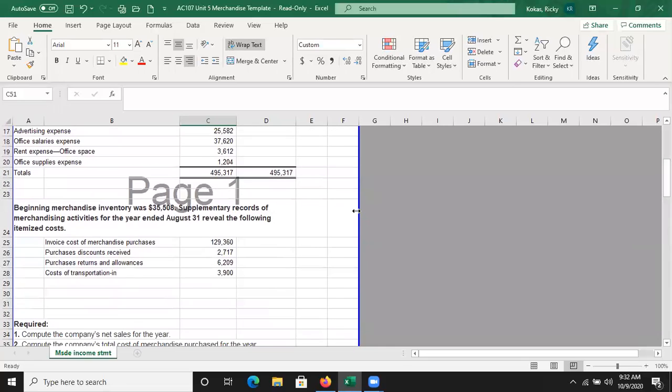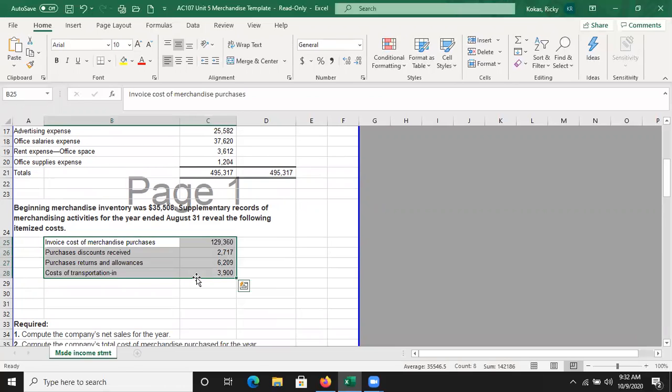The problem shows you here, when it comes to your merchandise inventory, everything you're going to need for this calculation. So invoice cost of merchandise purchased is the first thing you start with. This is just, you're a business owner and you want to order 1,000 shirts to sell in your business. The shirts cost $129,000.